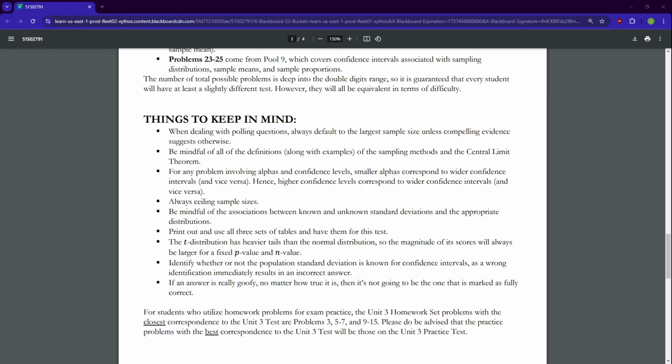And that also means do not forget the square root rule. If you're going through these computational questions and you do not divide by the square root of n at some point, the whole thing's going to be wrong, and there will not be any partial credit. The reason why is twofold. Number one, that is a big computational mistake. But there's a second reason why. The second reason is that would be us saying sample size doesn't matter.